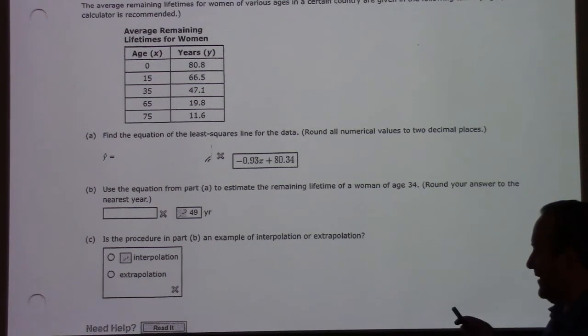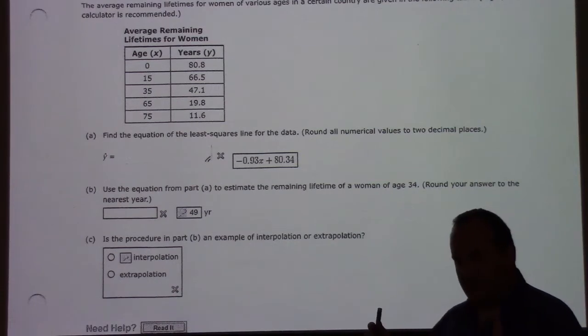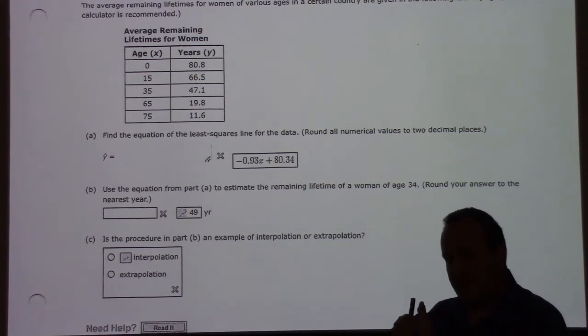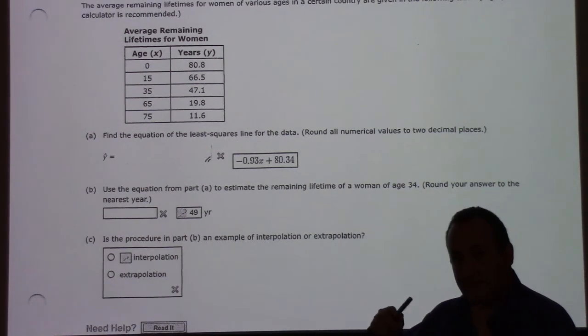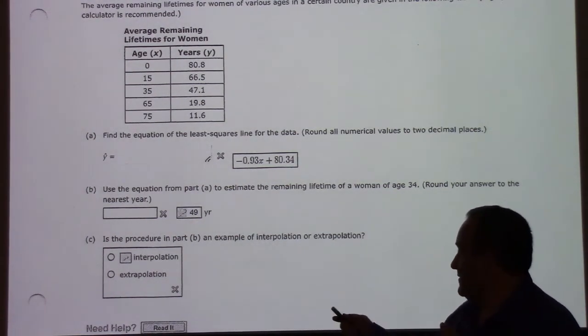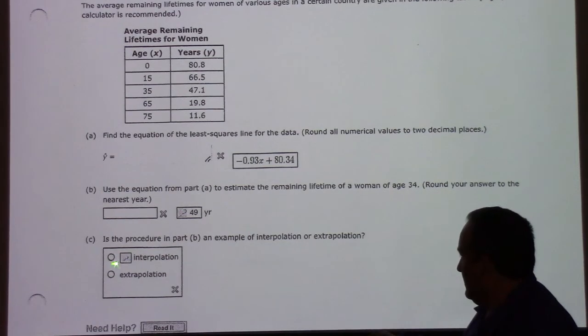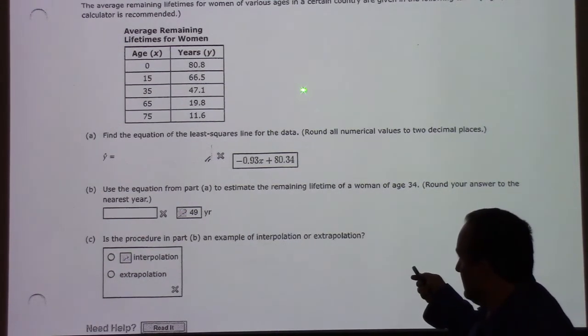An extrapolation is something like when you have data that goes, say, from a certain range, like let's say you have data that goes from 0 to 10, right? And you find a best fit line that models the data from 0 to 10, but then somebody asks you to find out what happens at 20, right? So you're taking the best fit line from where the data is given, and asking where does it go out here.